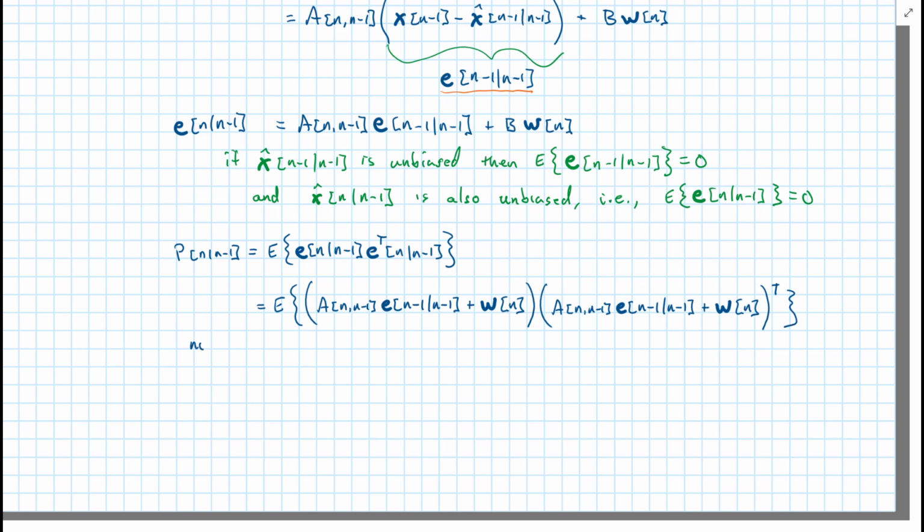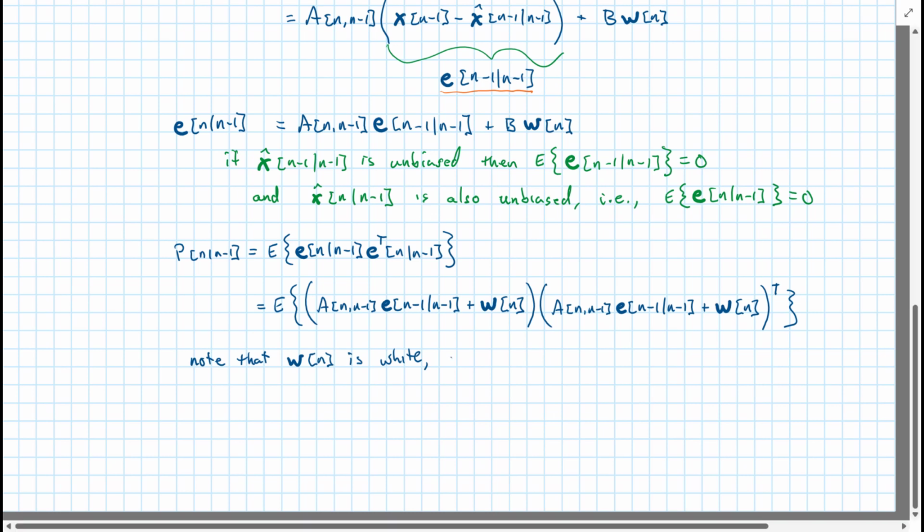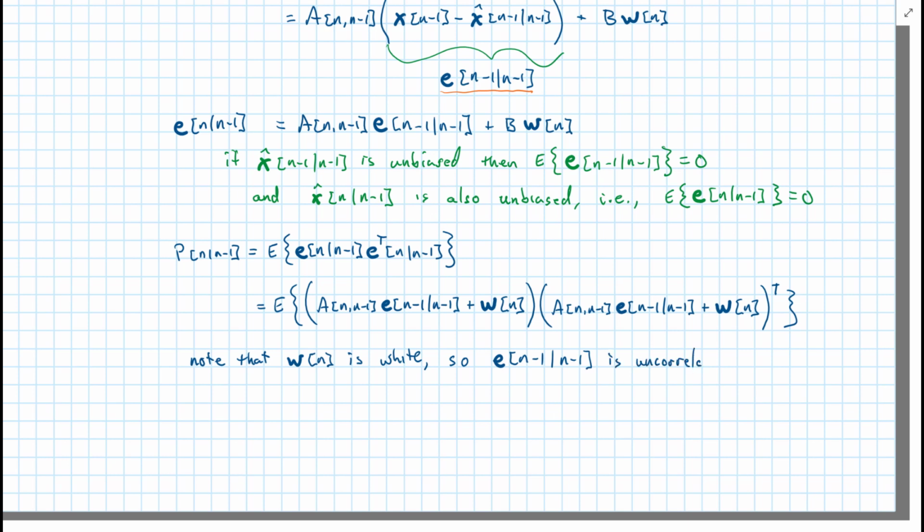Well, note that W n is white. So that implies that the error at time n minus 1, given n minus 1, is uncorrelated with W of n.